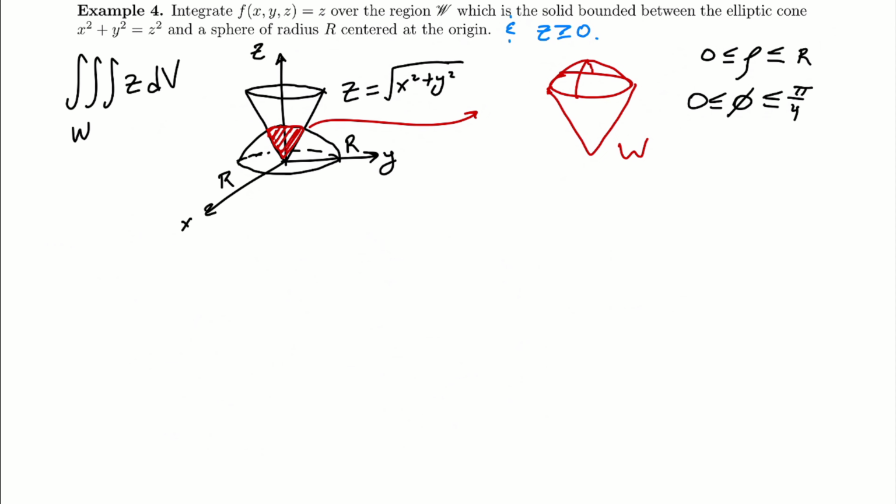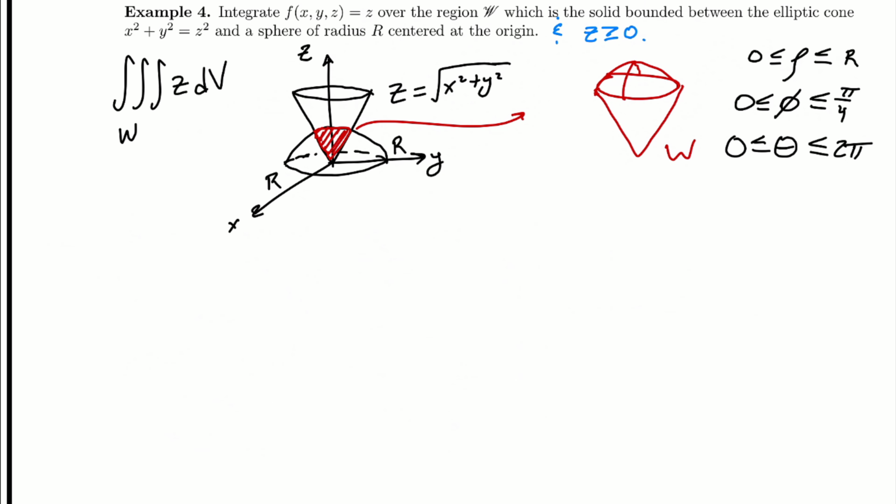So now that we have that, we want to think about theta. Does our region, our solid region here, extend all the way around the z-axis? Yes, all the way around, so 0 to 2 pi. Once you have that, you can begin taking this integral and converting it into spherical.